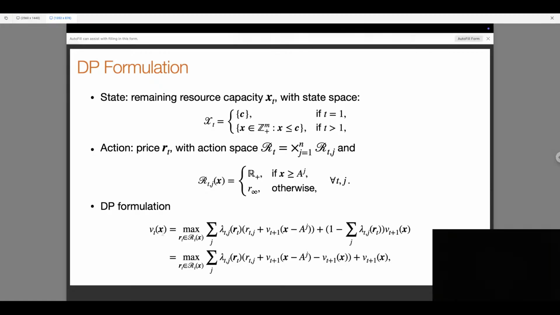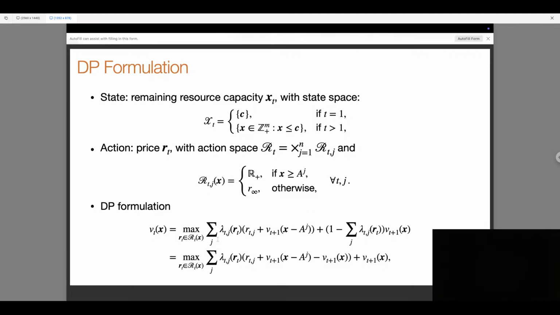The value to go is to find the optimal price offered by the firm that could maximize the return under the current remaining resource capacity x_t.